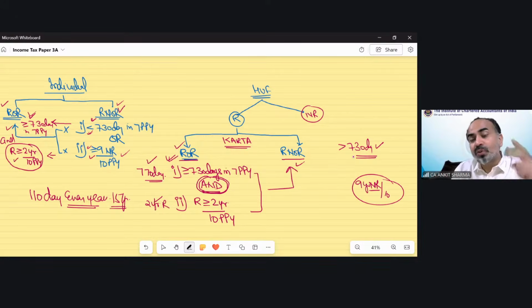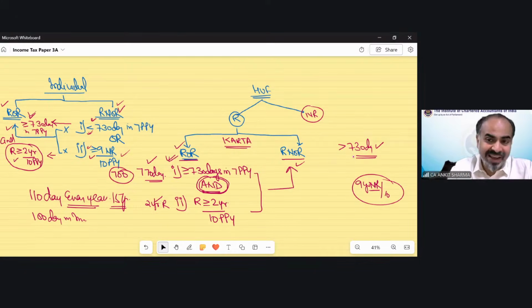So this is also fulfilled. Both fulfilled, so he becomes ROR. And in the previous example, when he was 100 days in India every year, in that case he was in India for 700 days. But he must be more than or equal to 730. So this is not fulfilled. The second you need not check, because if the first is not fulfilled, he will automatically become resident and not ordinary resident.